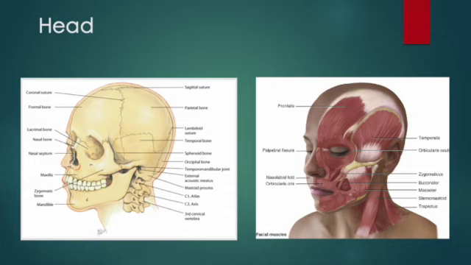The cranium is supported by our vertebrae, C1, the atlas, C2 is called the axis, all the way down to C7. And C7 is easily felt if you put your chin to your chest and feel that bony prominence on the back of your neck. That C7 vertebra is long.